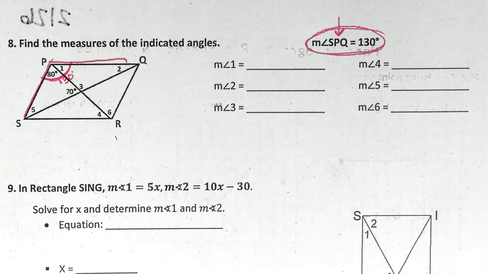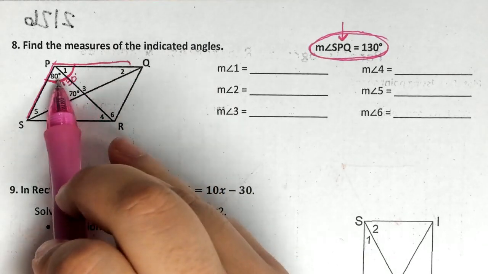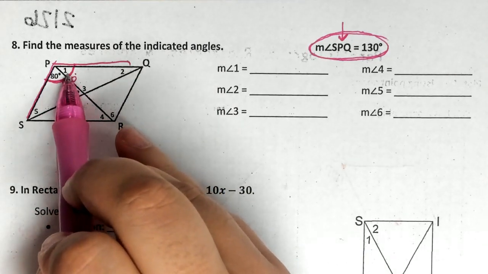Can y'all look up, please? Look up, please. For this one right here, do you agree this whole thing is 130? Yeah. If this left side is 80, how do I find the 1?